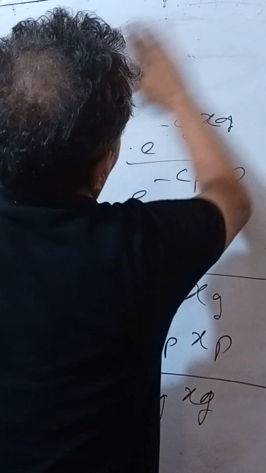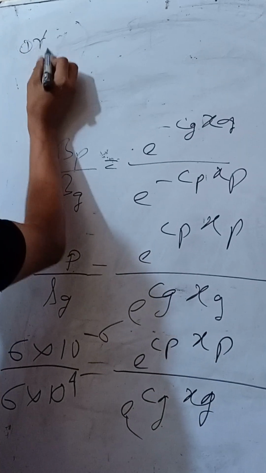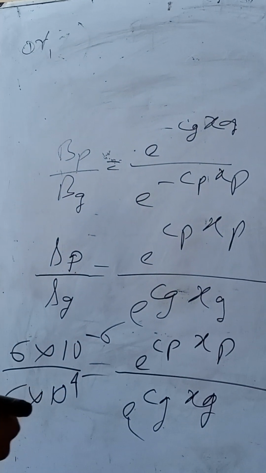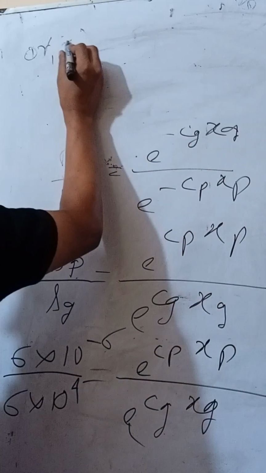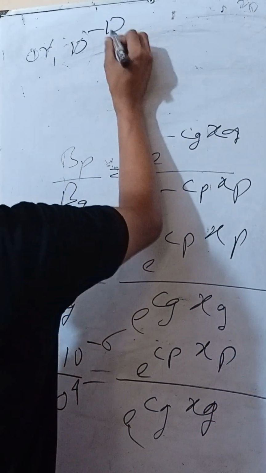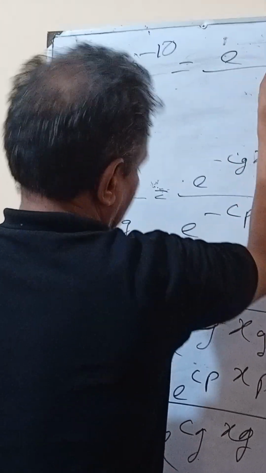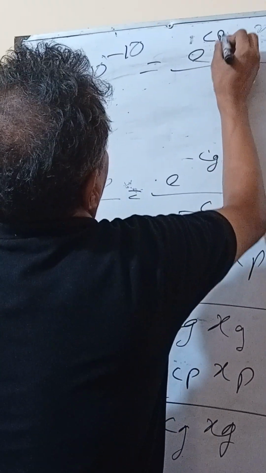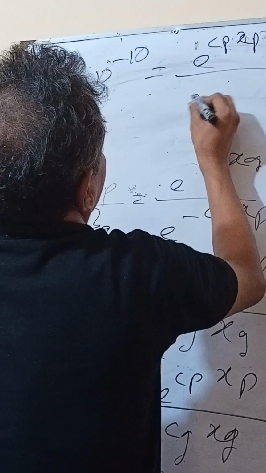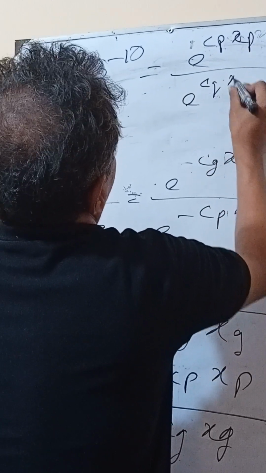We can calculate this. It may be 10 to the minus 10, and E CP XP, ECG XZ.